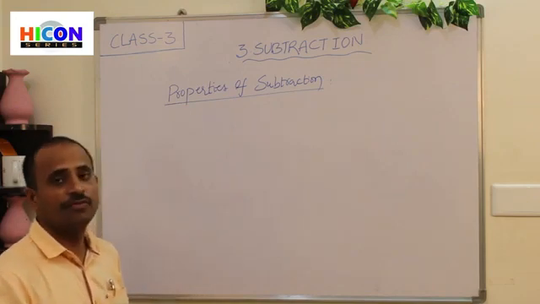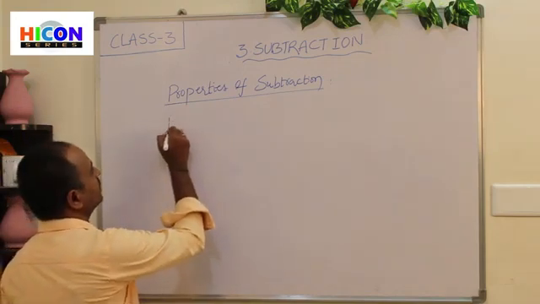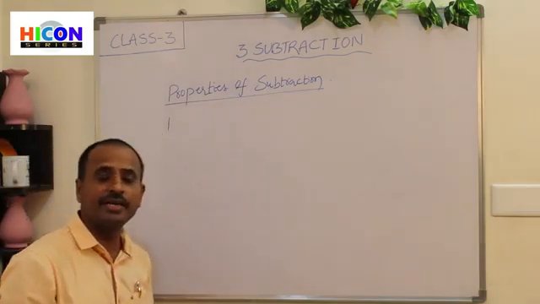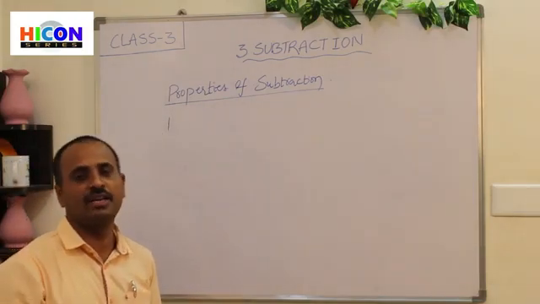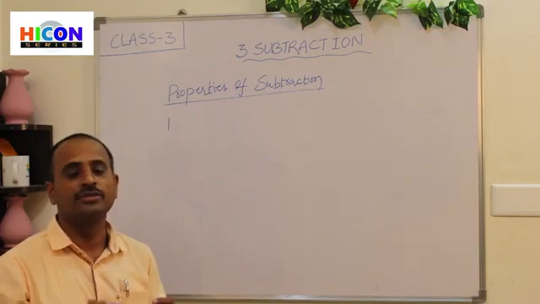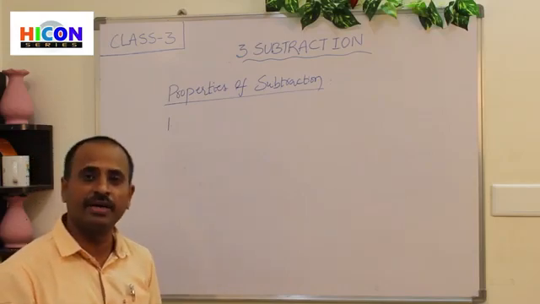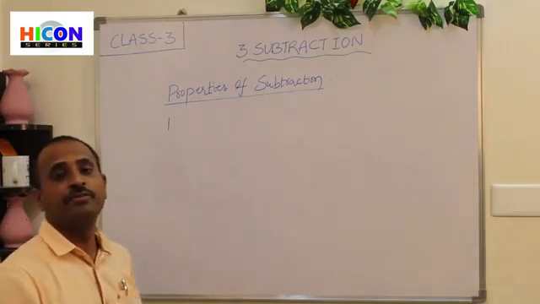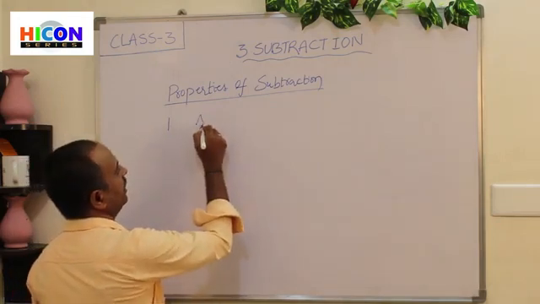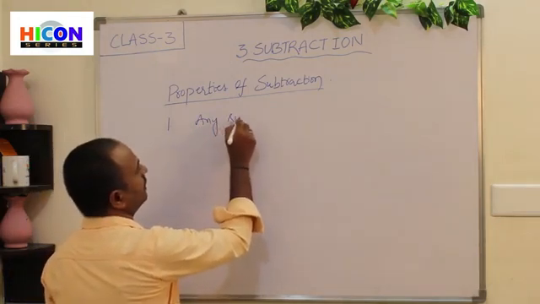So let us see the first property of the subtraction. If any number is subtracted from itself, the answer becomes 0.